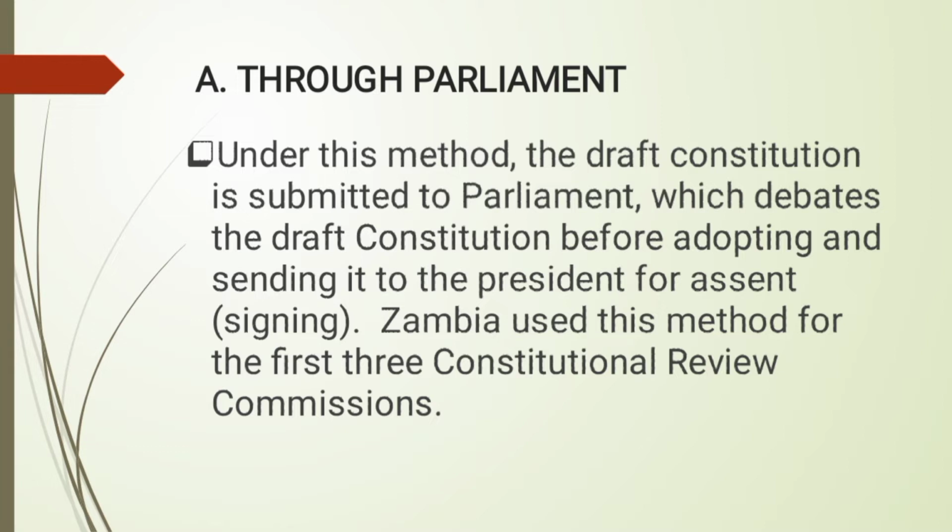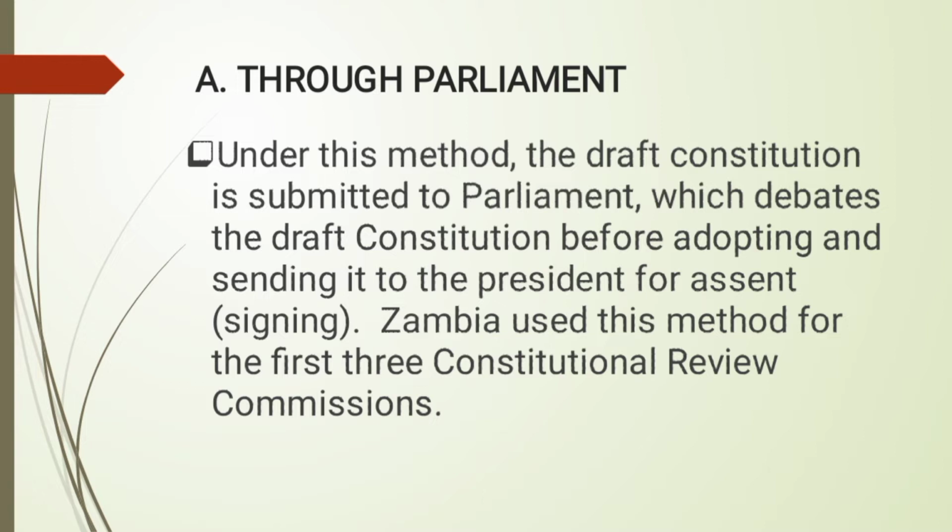After debating it, they will make changes if necessary. After that, they will adopt it and send it to the president for assent. The president should sign to approve, to say this is an acceptable constitution.